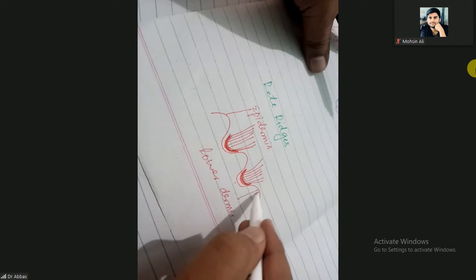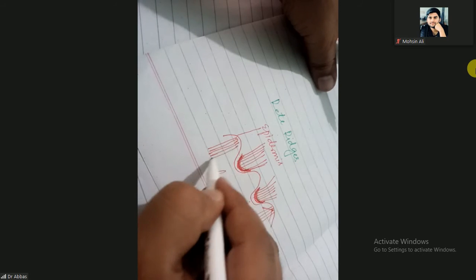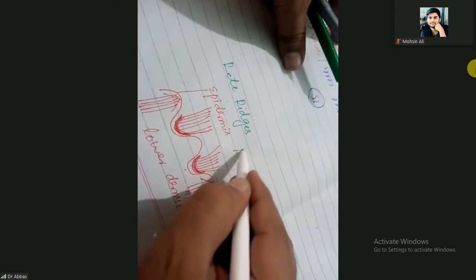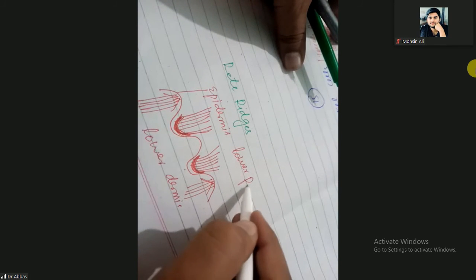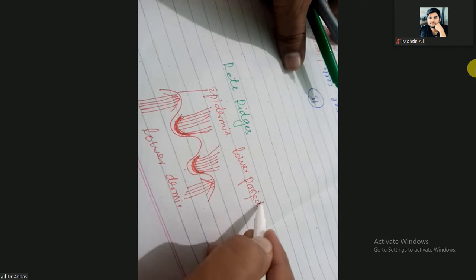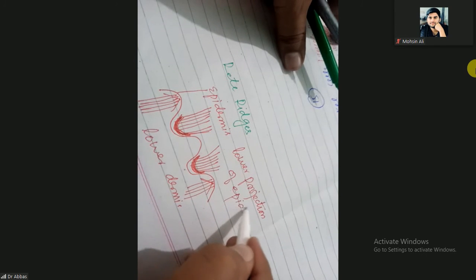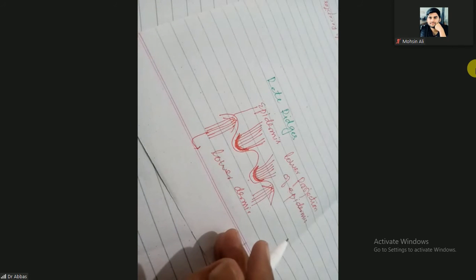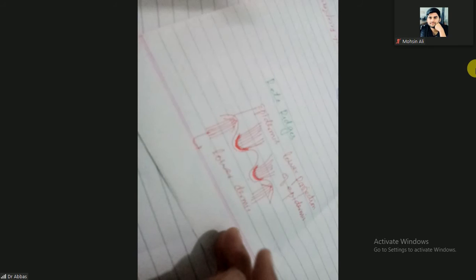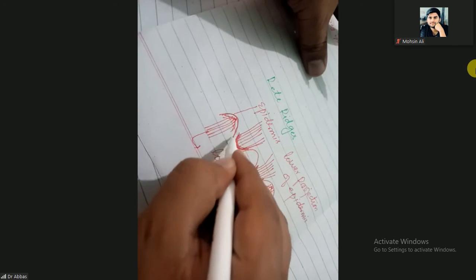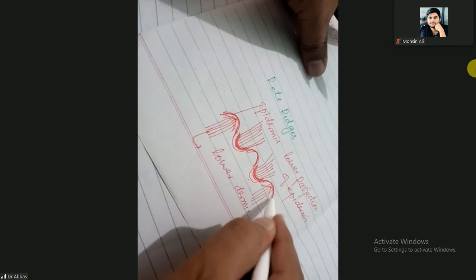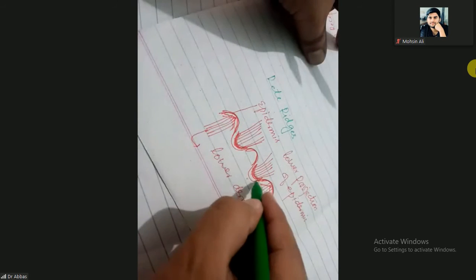And this projection of the dermis is the upward projection. This is upward, this is again upward, and this is downward.